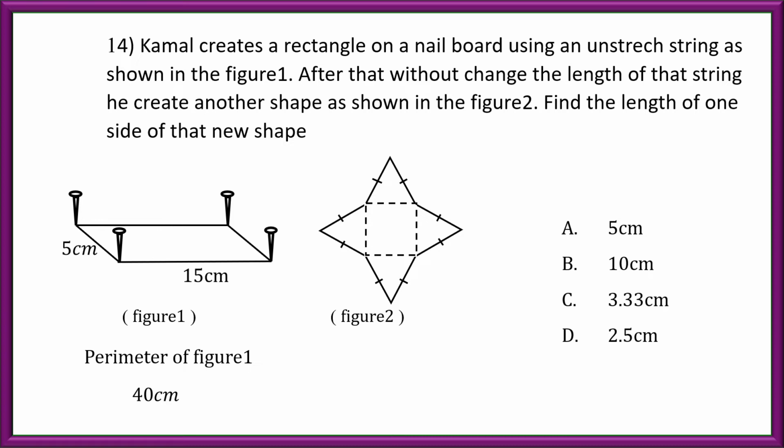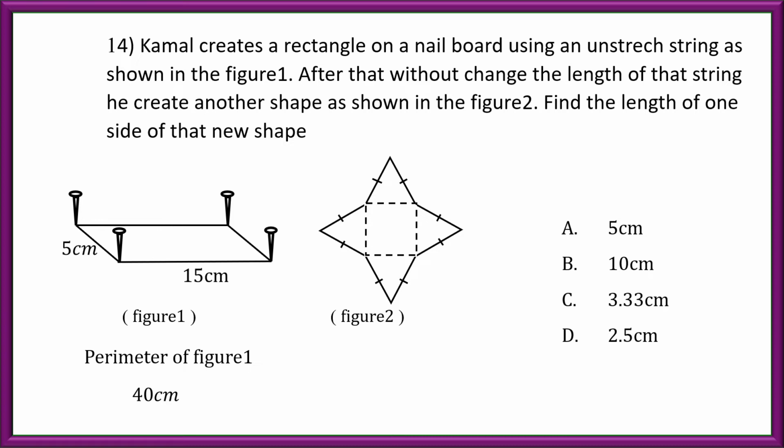Considering figure number 2, we can see 8 equal line segments. The perimeter consists of 8 equal line segments. We don't know the side length of this new shape. But we know the perimeter should be equal.